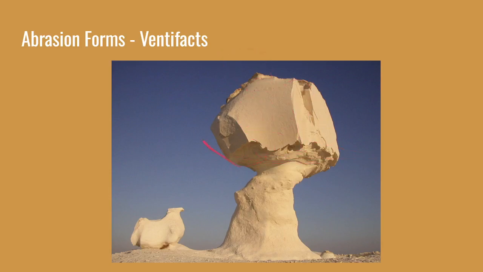So what you often get is these larger rocks and then a thinner column that's been sandblasted more, and eventually the thin column can't support the larger mass on top, and it ends up like this one, and then the larger mass is now in range of the sand and gets blasted away.